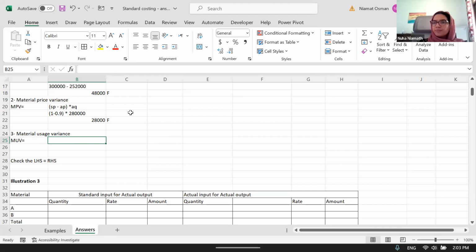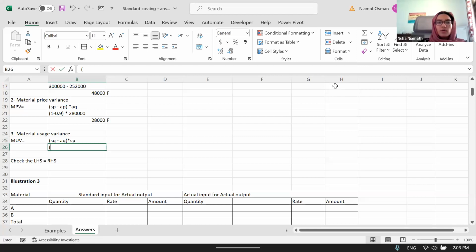Khatija. Yes. SQSP minus AQSP. Yes. So standard price. Good. So this will be SQ minus AQ at standard price.